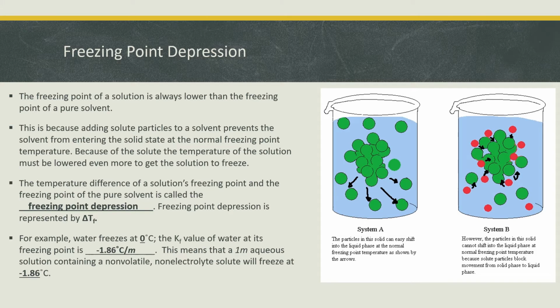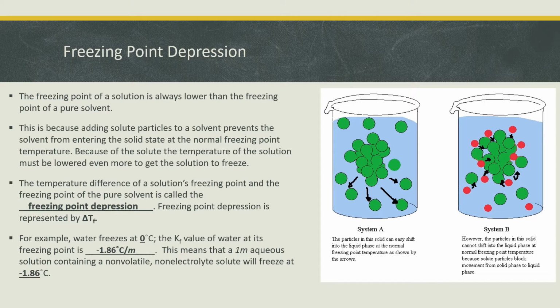So again, if you add a solute to your water, you've now lowered the freezing point, so it is going to be a little bit lower than 0 degrees Celsius. The same idea applies when putting salt on the roads, it's going to lower the freezing point of the water, hopefully so the water doesn't freeze.